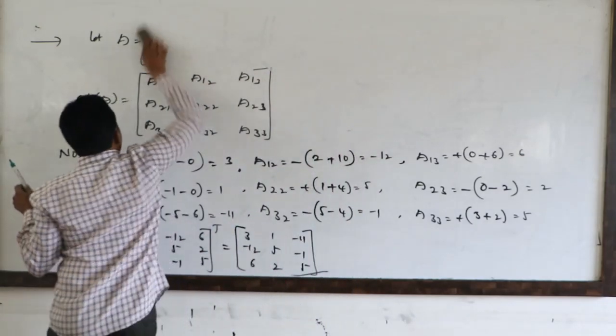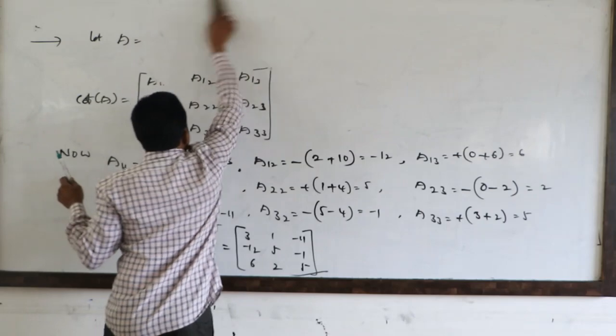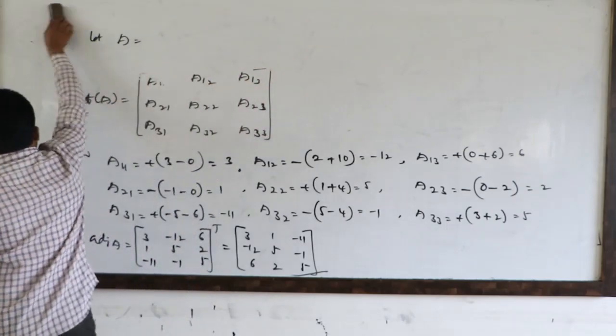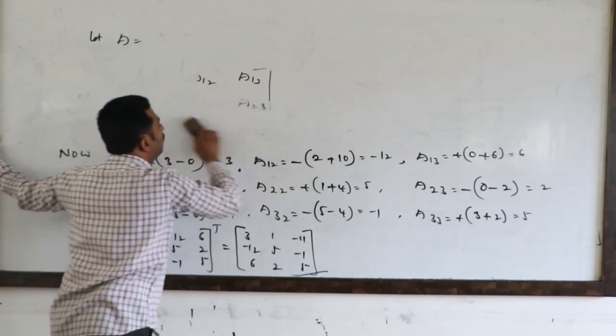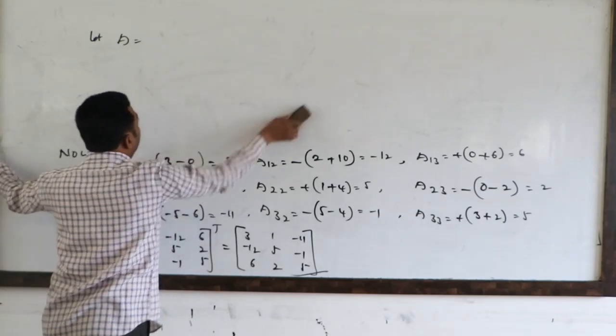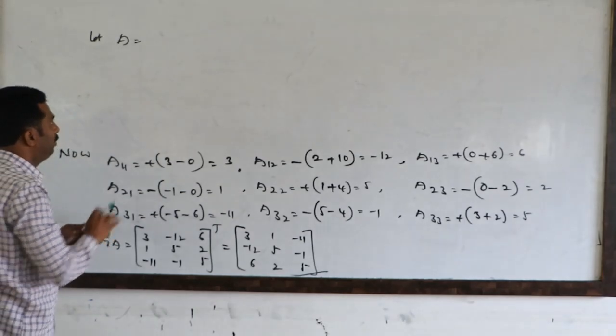Now I will take one diagonal matrix. What is the adjoint of a diagonal matrix?